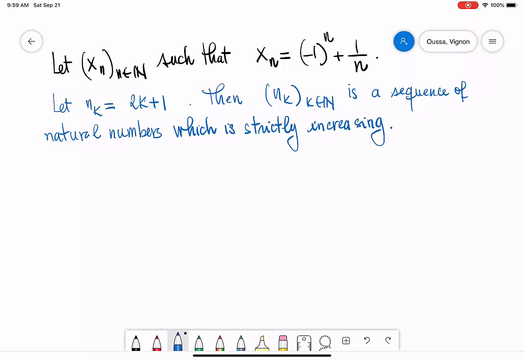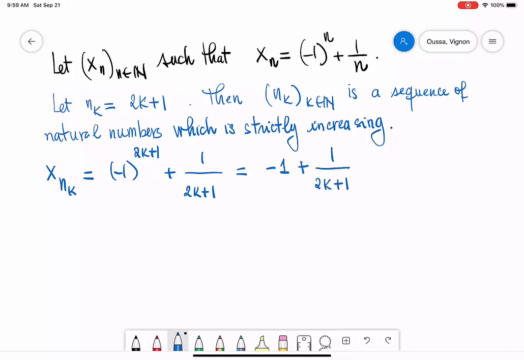Okay, now if we compute x_{n_k}, we'll have (-1)^(2k+1) over 2k+1. Well, clearly, because 2k+1 is odd, we get (-1) plus 1 over 2k+1.